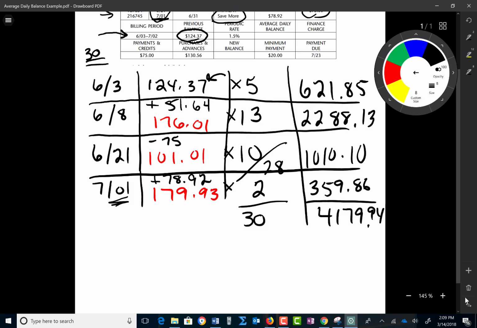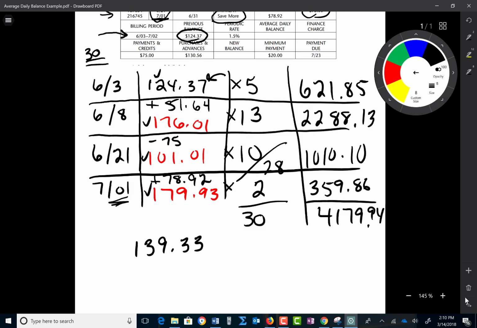And I need to take that number and divide it by 30, and I get 139.33. Now, at no time throughout that month, if you look at the balances, at no time did you ever owe 139.33. That's the average that you owed daily.